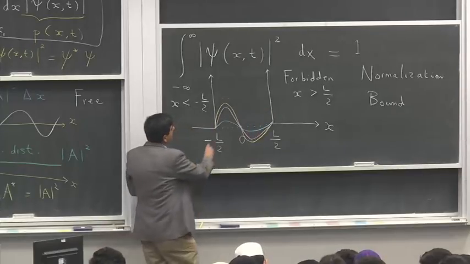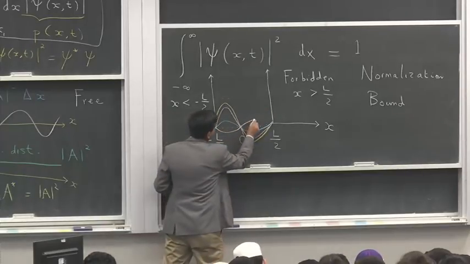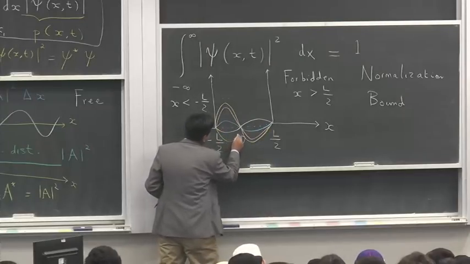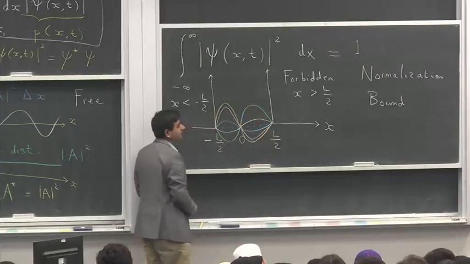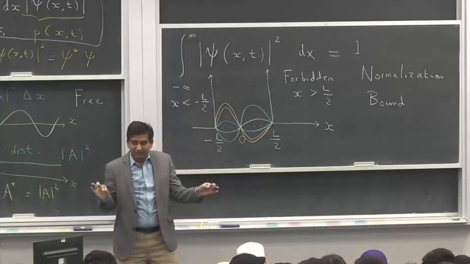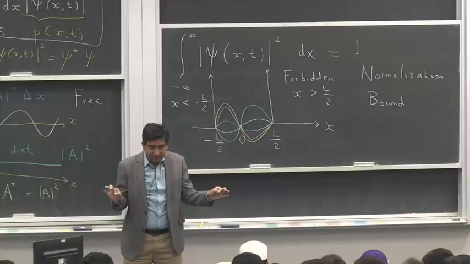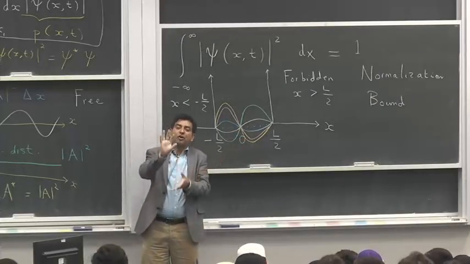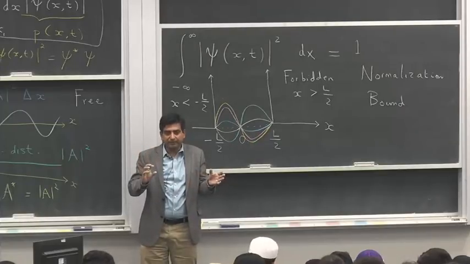At yet some other point in time, it takes up this form. At yet another point in time, it takes up this form. So the end points of this wave function are fixed. At the center, the wave function is always 0 at all times.